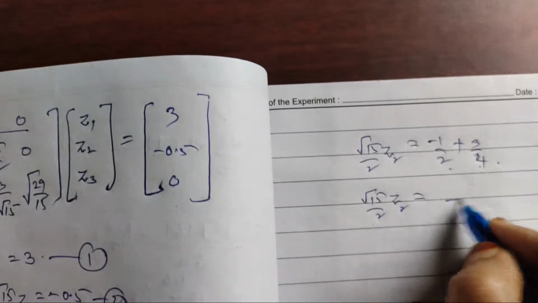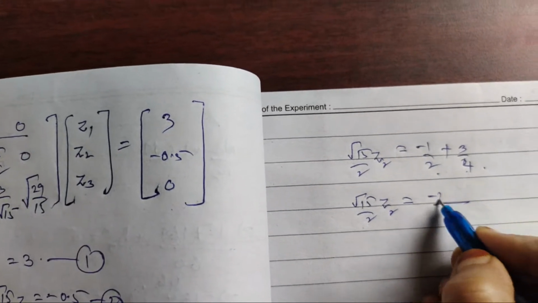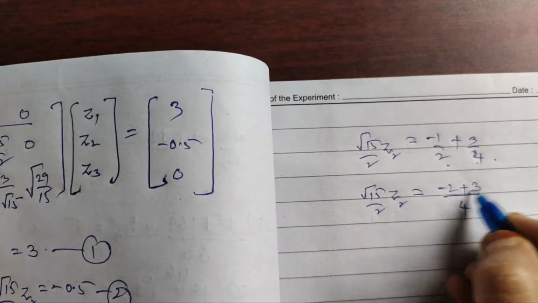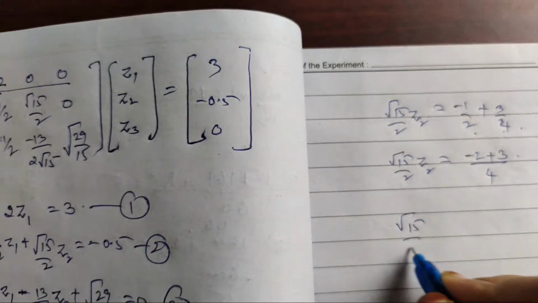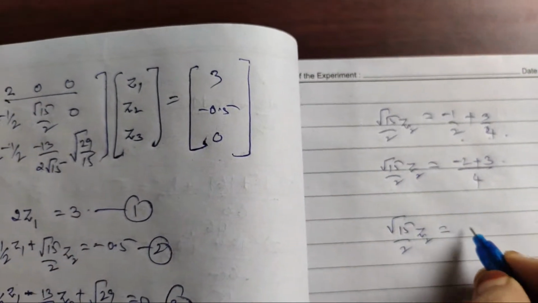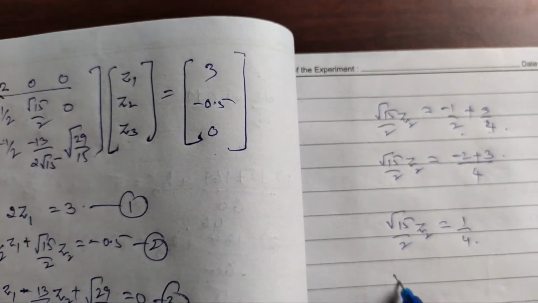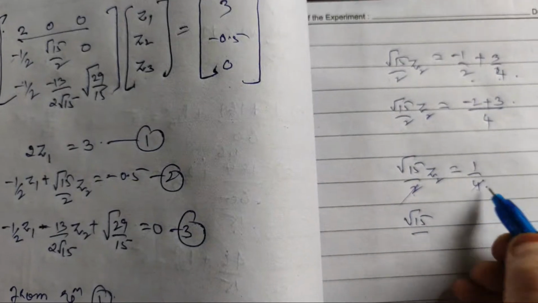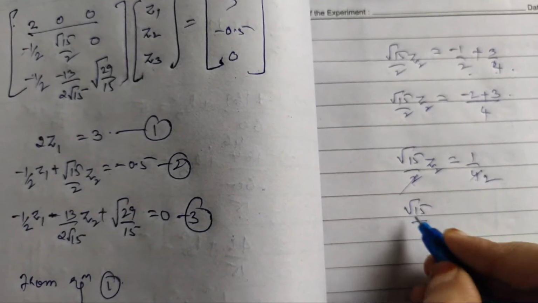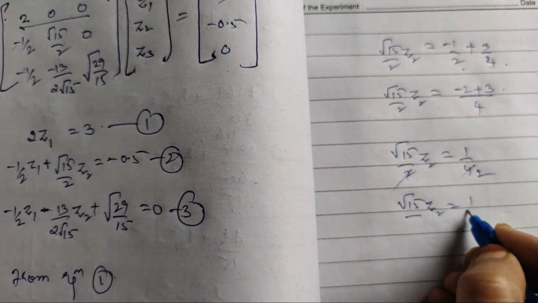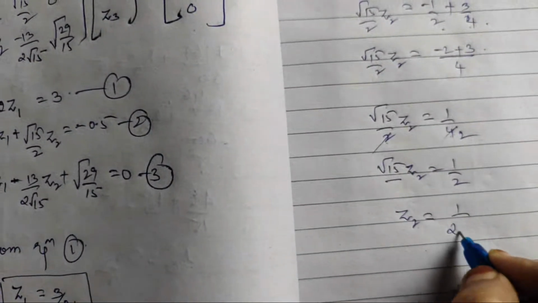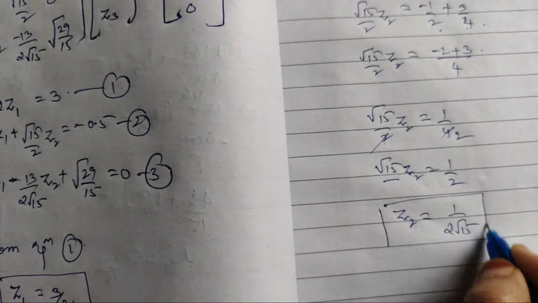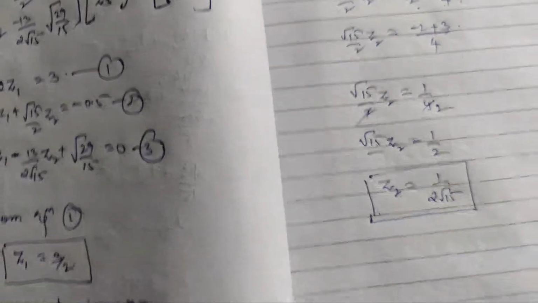The LCM is 4, so we apply the same thing: minus 2 plus 3. So root 15 by 2 z2 equals 1 by 4, and from here we can cancel: this is 2 and this is 4, so 2 ones are, and this is 2. So root 15 z2 equals 1 by 2, z2 equals 1 by 2 root 15. Now we got both the values z1 and z2.